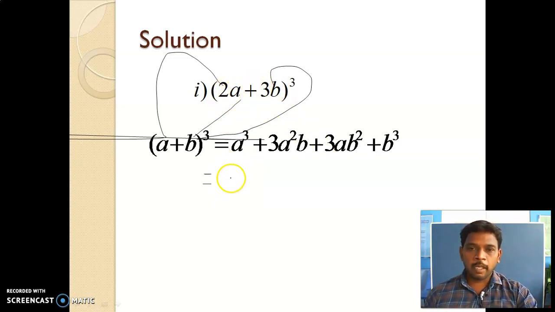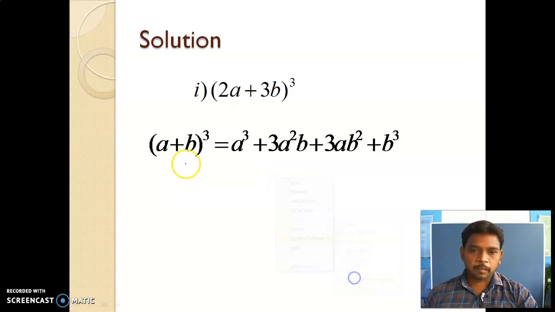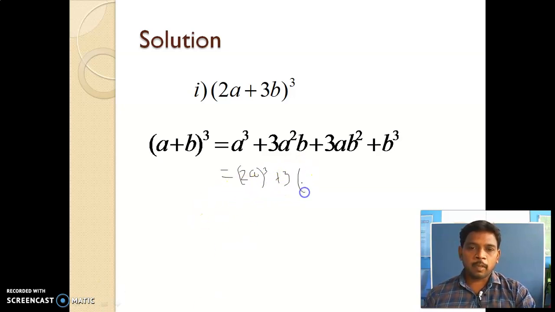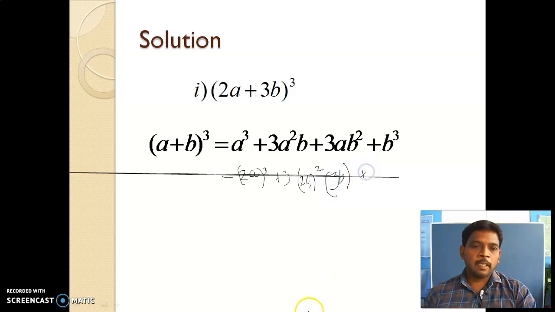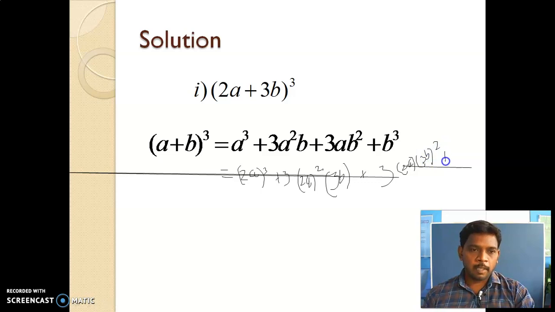Now substitute wherever a is there, instead of that 2a, and instead of b, 3b. So here a cube, therefore (2a) whole cube, plus 3 into a square, that is (2a) whole square, and instead of b, 3b, and plus 3ab square, so 3, instead of a again 2a, into b square, so into (3b) whole square, plus b cube, therefore (3b) whole cube.